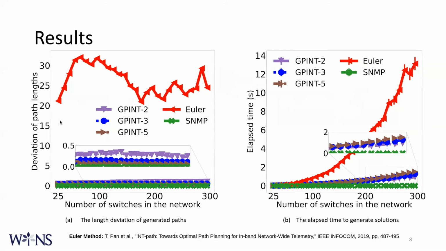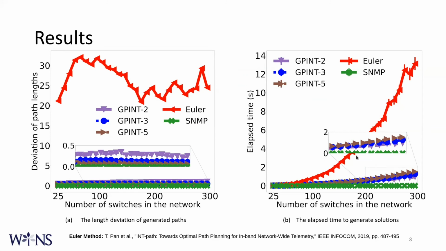We also compare ourselves with the earlier method, which was published back in 2019 in Infocom. The earlier algorithm fails to generate balanced paths, which will cause some inconsistencies for the monitoring applications. On the right-hand side, we have how fast these algorithms can generate solutions that cover the whole network.